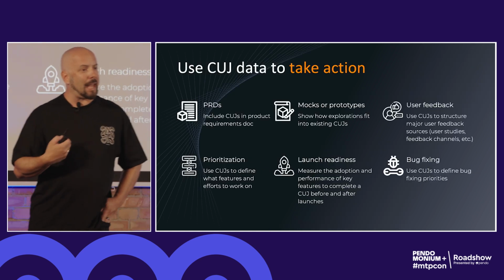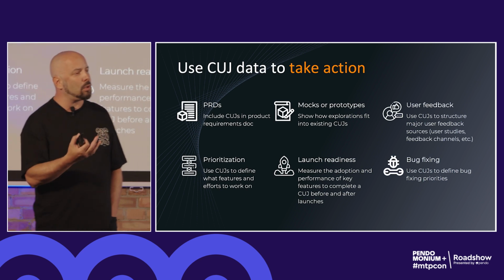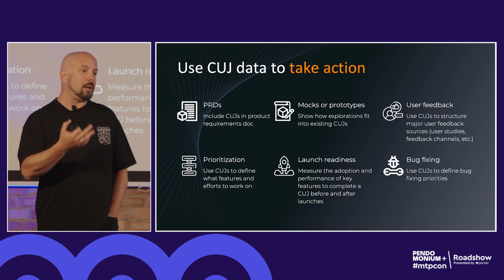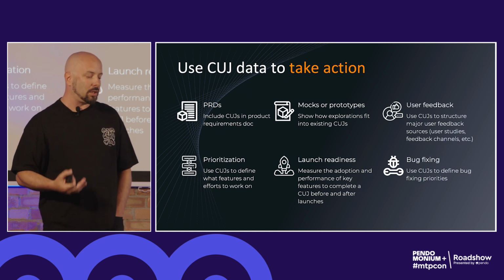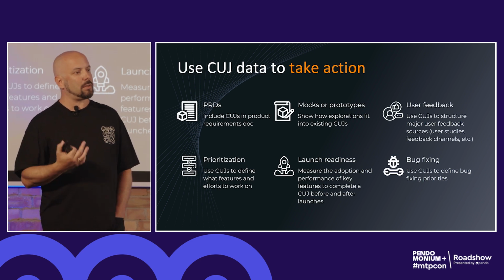And here's a bunch of actions that we're regularly taking, how you can use CUJs, right? One is when you're at product definition stage, at prioritization stage, you can use that to figure out what we should work on. Now you have the most important user journeys, right? And you have a list of 100 things that you want to do, and you can only do 10.